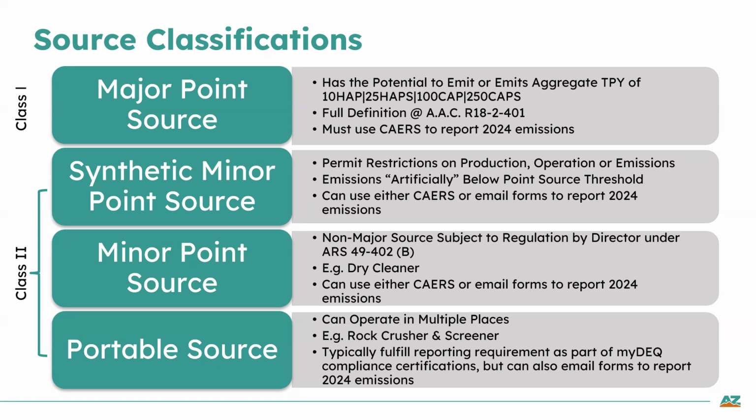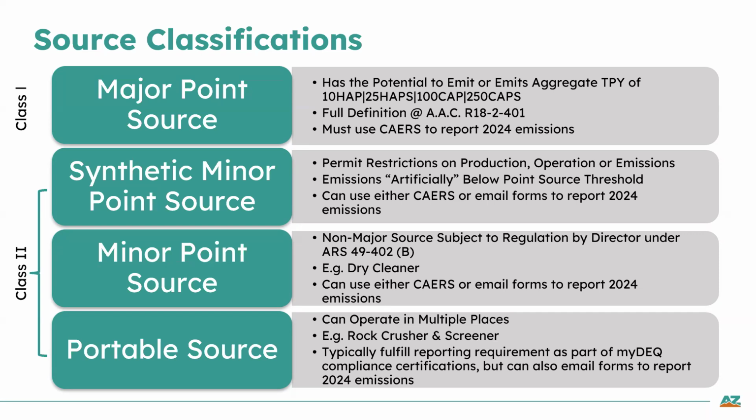Minor point sources are the sources that are physically impossible for them to exceed the major point sources threshold, even with full operation for every second of the year. Minor sources typically use our Excel or PDF reporting form, but can use CAERS if the operation is complex and hard to detail on our minor source form.